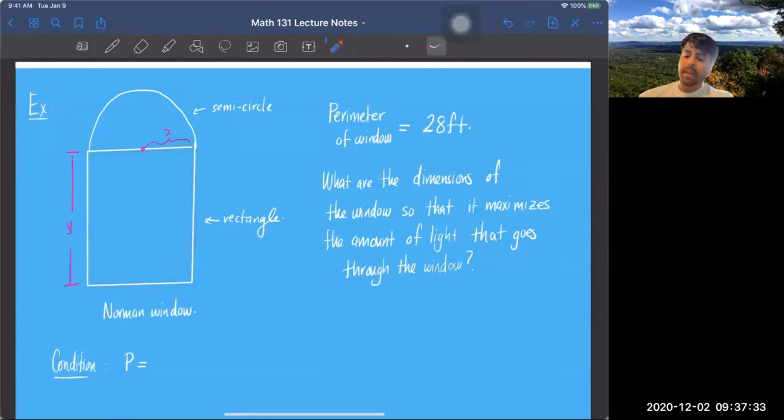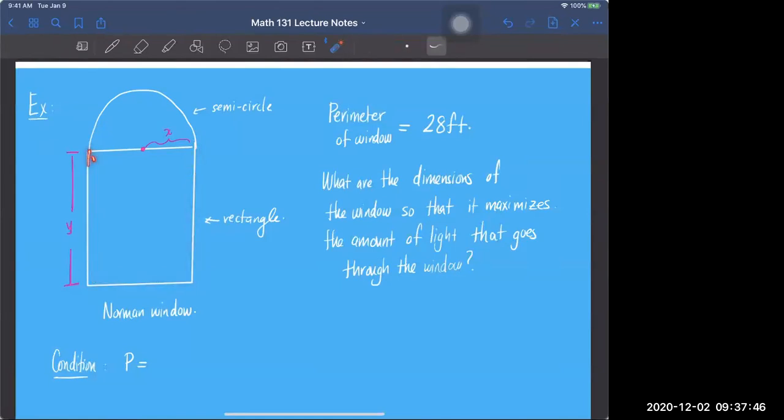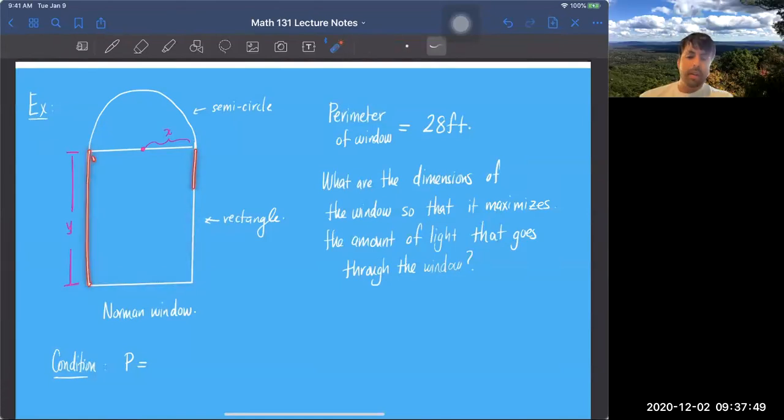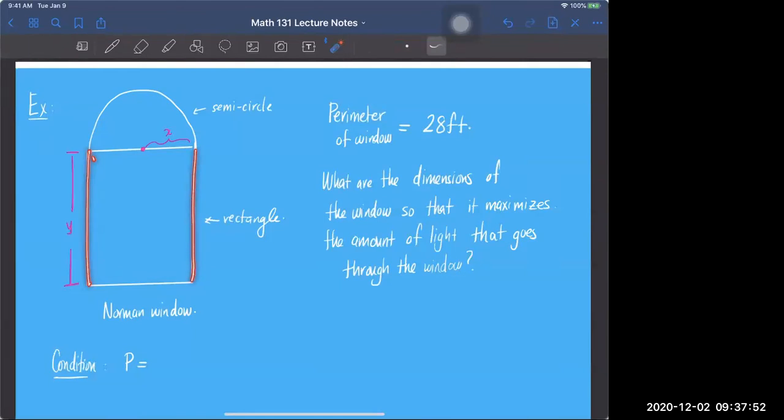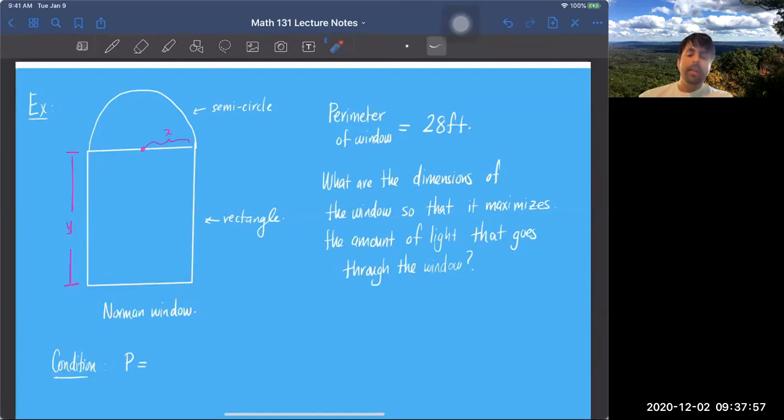I've got y here and y here, because it's a rectangle. And this here would be 2x, because this is the center of my circle, the midpoint of the diameter, so this is the radius of my semicircle.